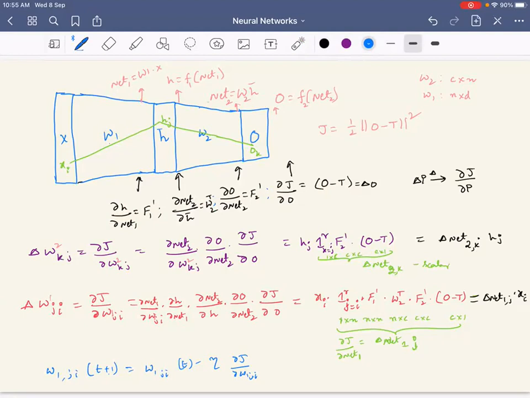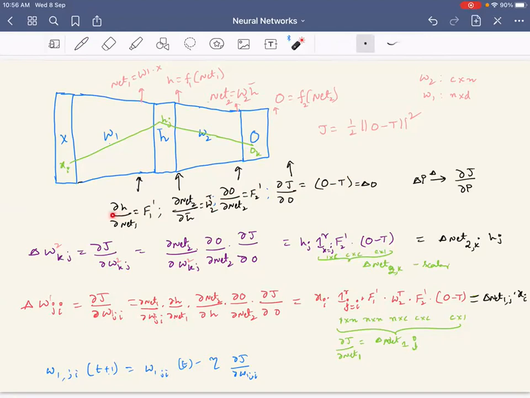W1_ji is fine, but before that, I don't get W1_ji directly here, right? If I want to write dou W1_ji, how do I write? I got all this.